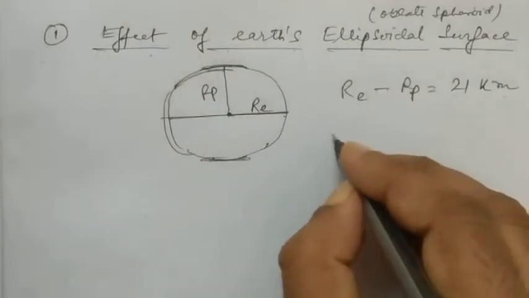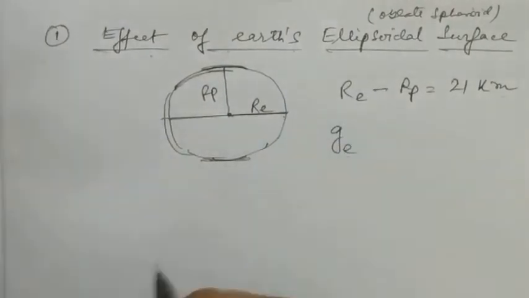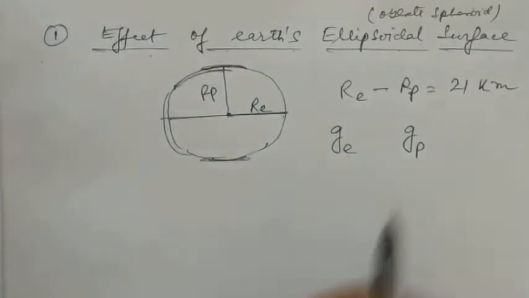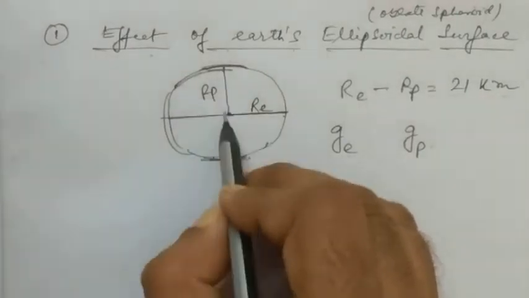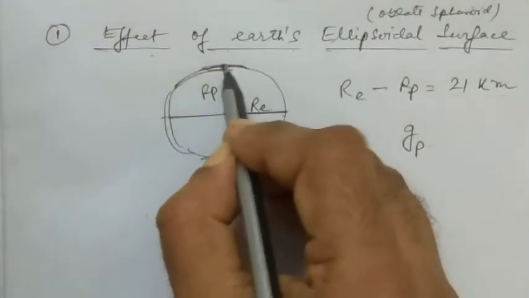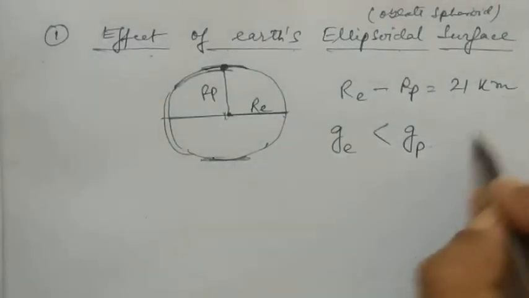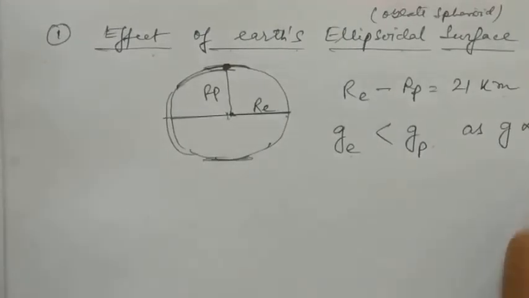So the value of g at the equator we take as GE and at the pole GP. Now as the radius of the pole region is lesser, the value of g at the pole will be more, because g varies as 1 by r square.